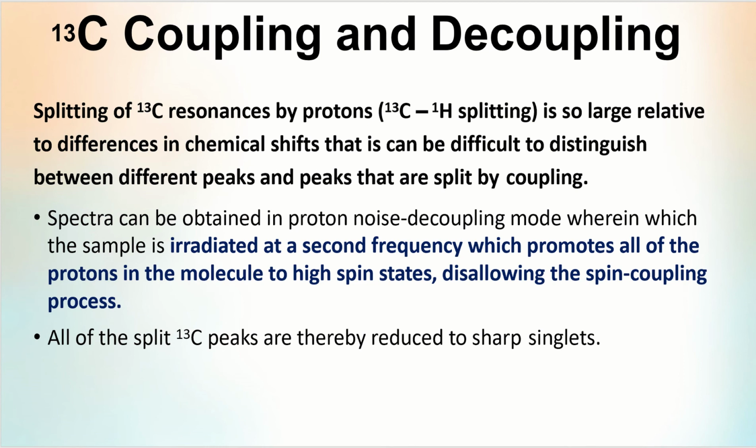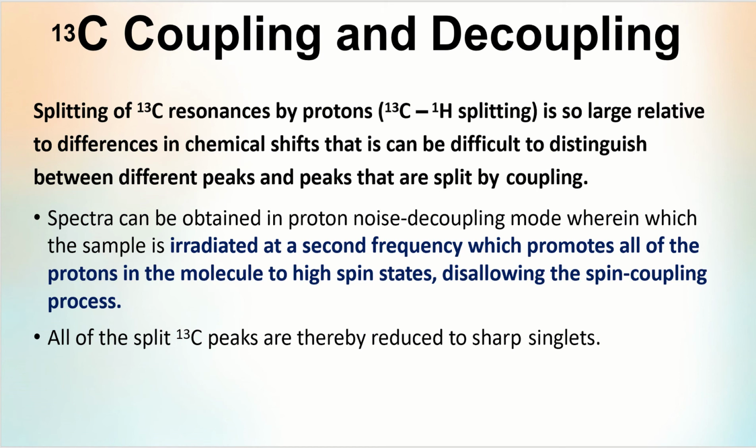So the splitting of carbon-13 resonances by protons is so large relative to differences in chemical shifts that it can be difficult to distinguish between different peaks and peaks that are split by coupling.